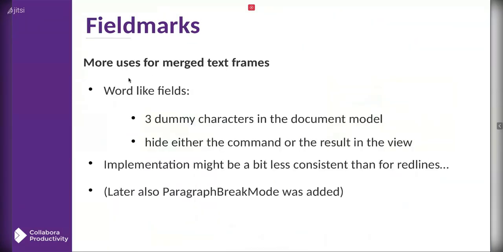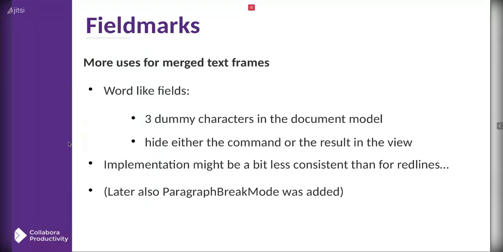So far, at first, we have only used the merge paragraphs for deletion red lines, but eventually new requirements came up. And these turned into more use cases for the merge text frames. So you have already heard in part one how Writer's own text fields are handled by the text formatting.